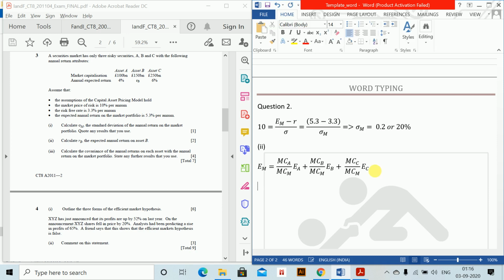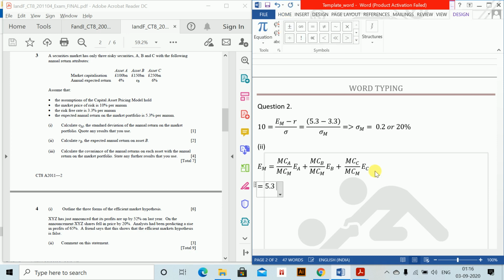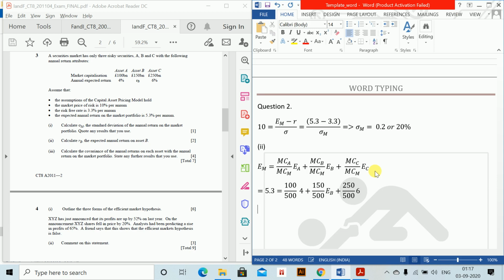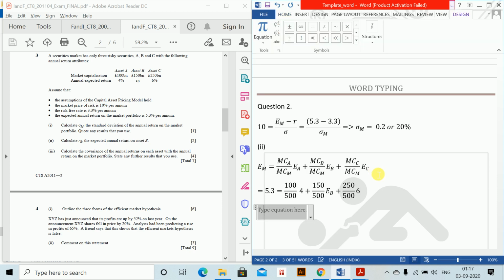So this is 5.3 equals 100 by 500 times 4 plus 150 divided by 500 times E_B plus 250 divided by 500 times 6. So this leads to R_B equals E_B, which equals 5%.